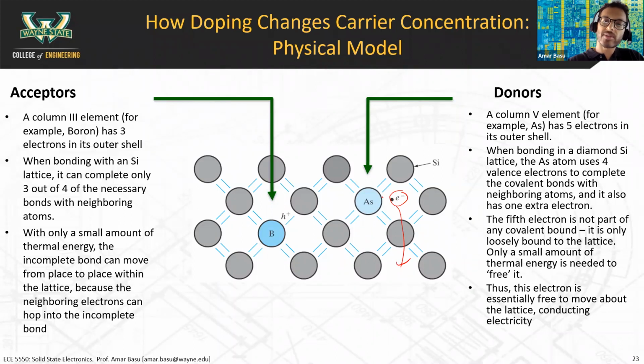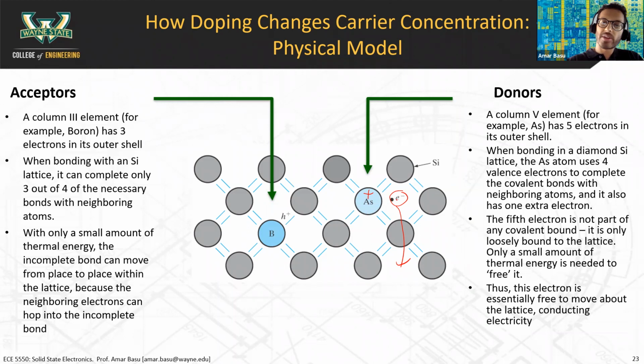Now, when this electron leaves the vicinity of the arsenic, the arsenic ends up having a net positive charge associated with it. Why? Because when the arsenic atom was put into the lattice, it had the same number of protons and electrons.